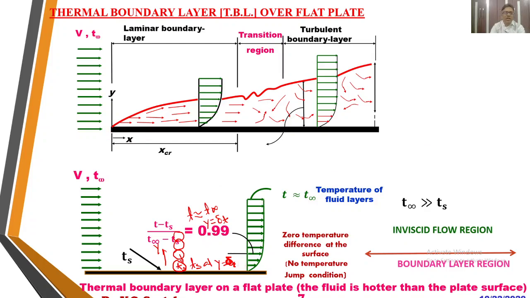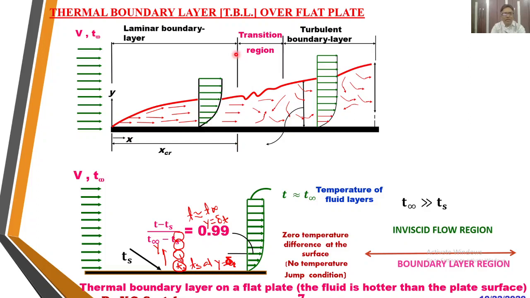Further, as we have discussed in the velocity boundary layer, as we move away from the leading edge of this surface, the thickness of the thermal boundary layer increases because heat transfer effects are felt at a greater distance in the y direction. Also, the formation of the thermal boundary layer is affected by the value of Reynolds number.